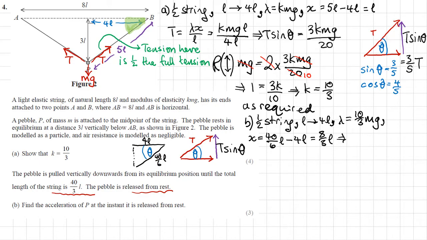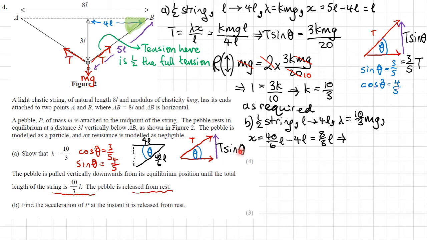So I can work out the cosine of the angle that I want, and that's going to be 4 divided by 40 over 6, and when you do that you actually get 3/5. So that's the cosine of the angle. That means then, well, we don't really need a triangle for this, that the sine of the angle is 4/5.